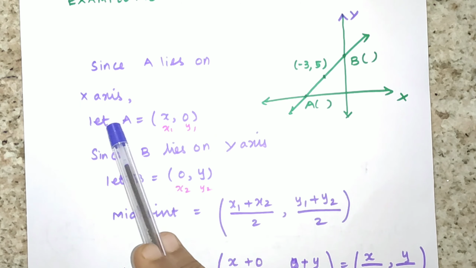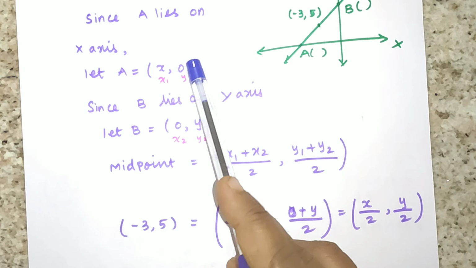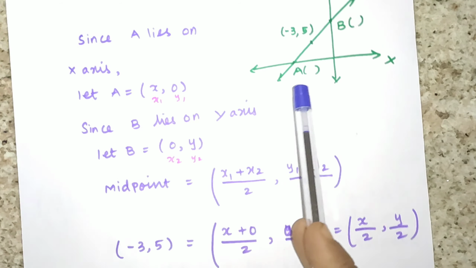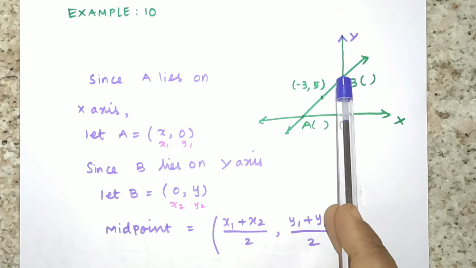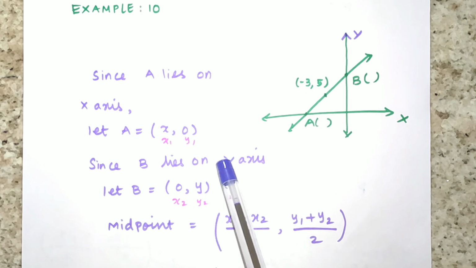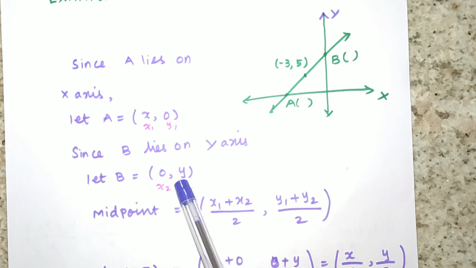So since A lies on the x-axis, let A equal some (x, 0). Then since B lies on the y-axis, the x coordinate is 0, the opposite. You have to remember that. So x-axis means y coordinate 0, y-axis means x coordinate 0. So B point is some (0, y).